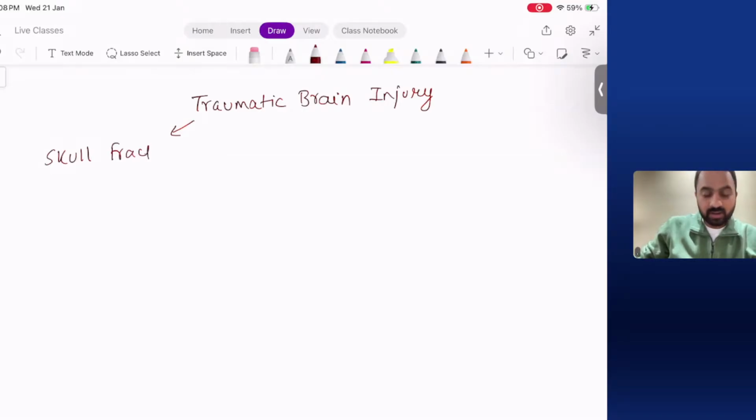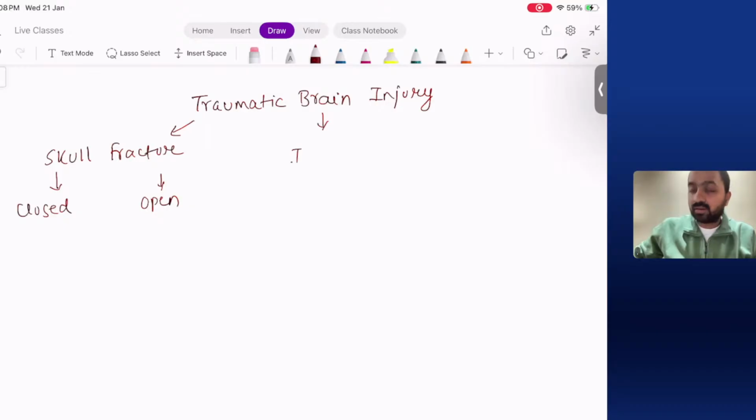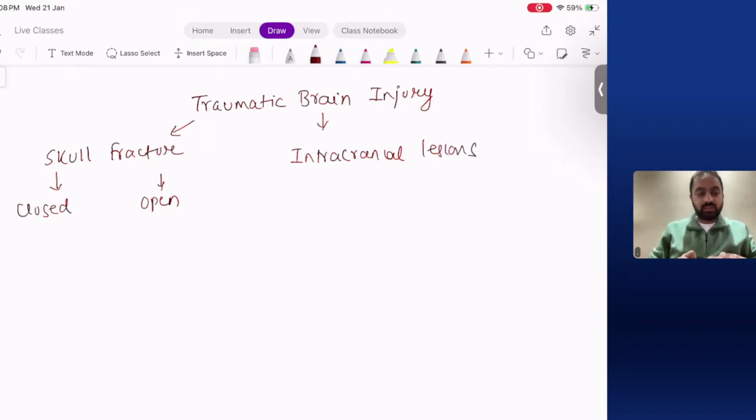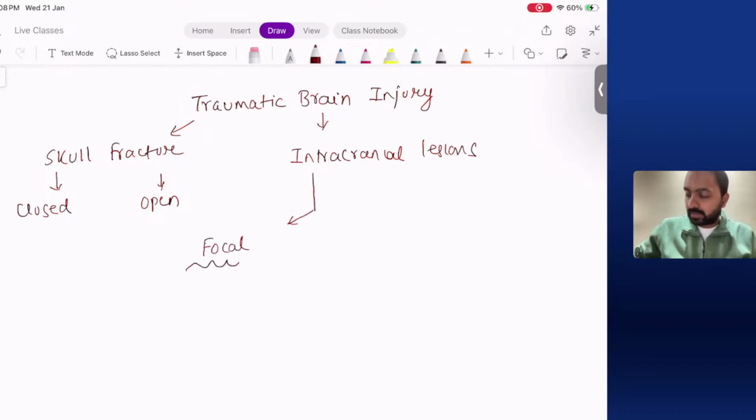Now, in skull fracture, it can be a closed injury or an open type of injury. Then we can have our intracranial lesions. When you talk about intracranial lesions, we can further divide them into two groups: focal, and diffuse.